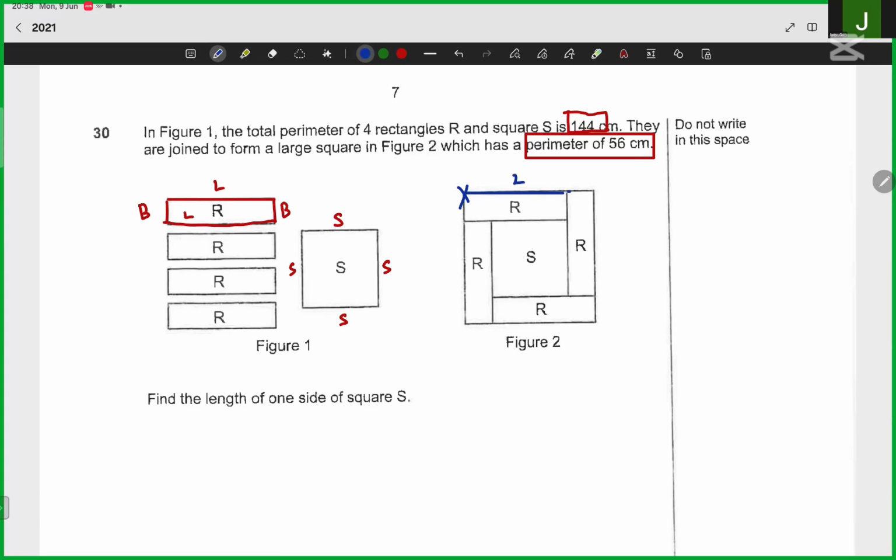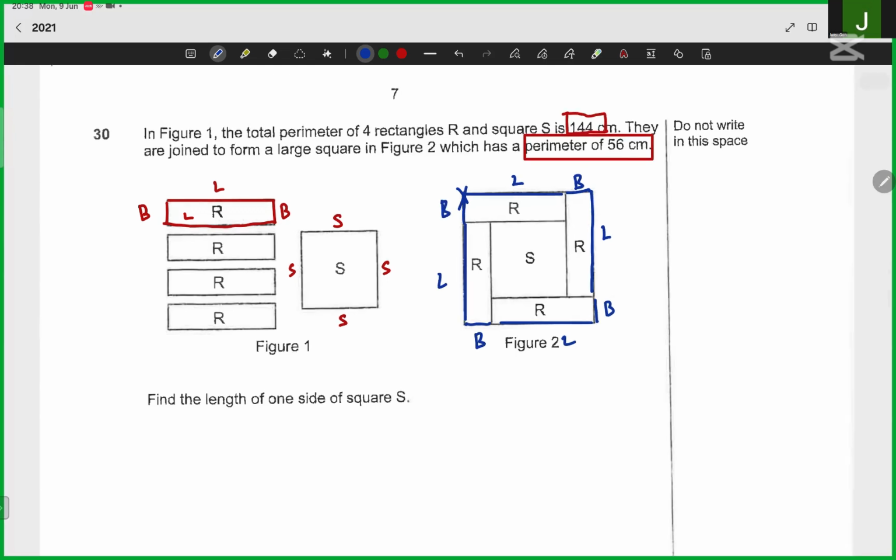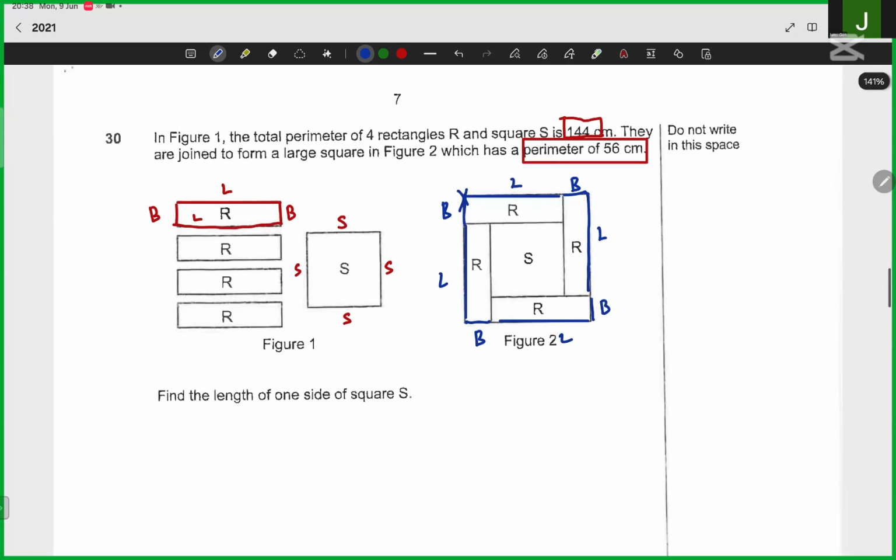Length, breadth, length, breadth, length, breadth, length, breadth. So a perimeter of 56 is actually made up of 4 times the length plus the breadth. That is equal to 56 centimeter.